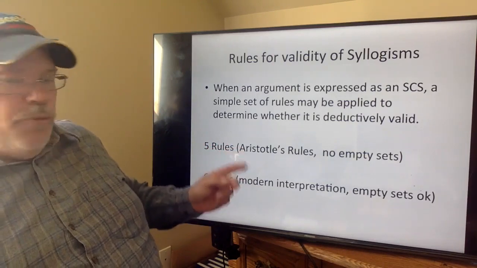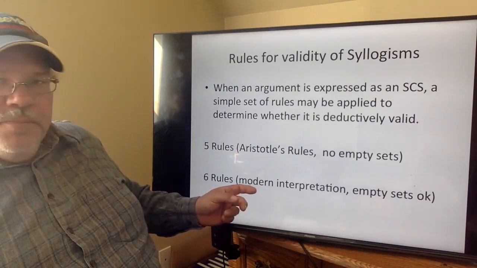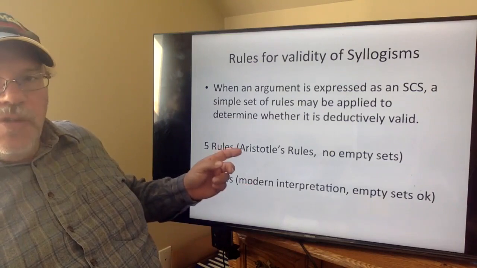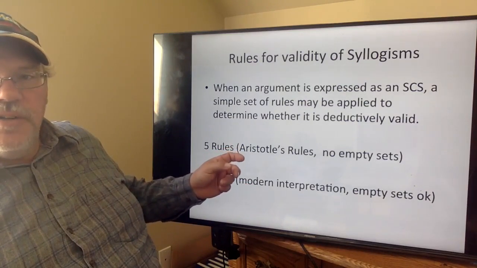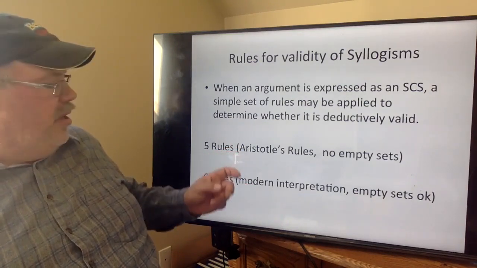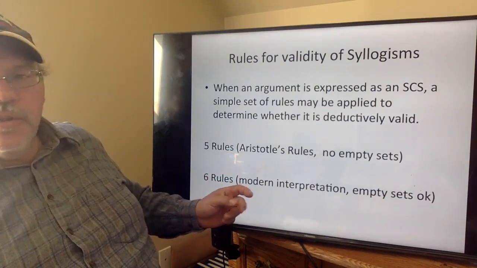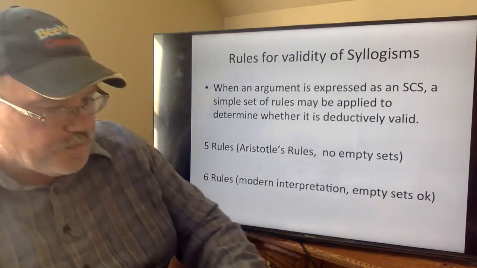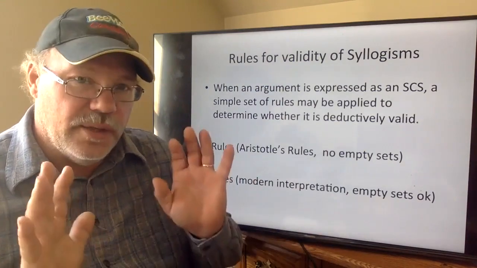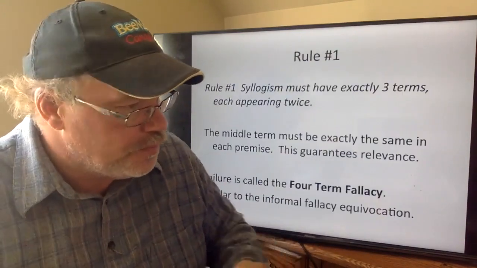Remember I told you there's 24 valid under the 5 rules, the traditional method. We go down to 15 possible valid arguments if you use the modern interpretation. Okay, with all that being said, let's learn the rules.